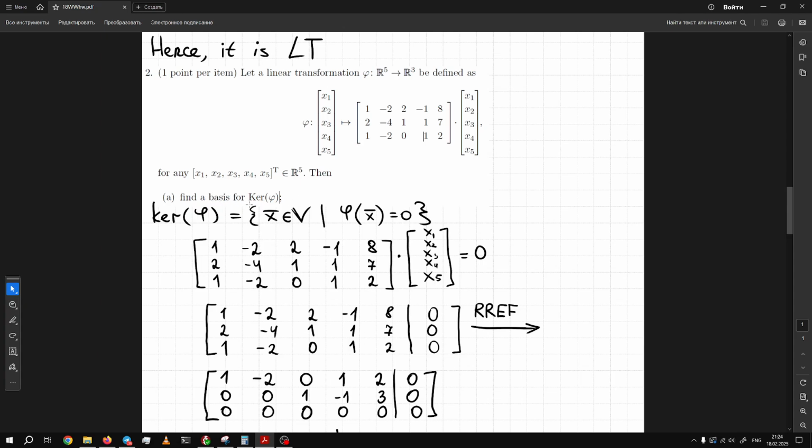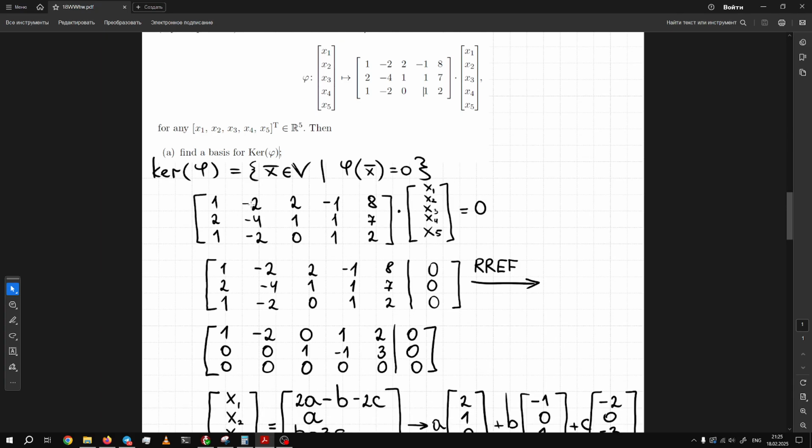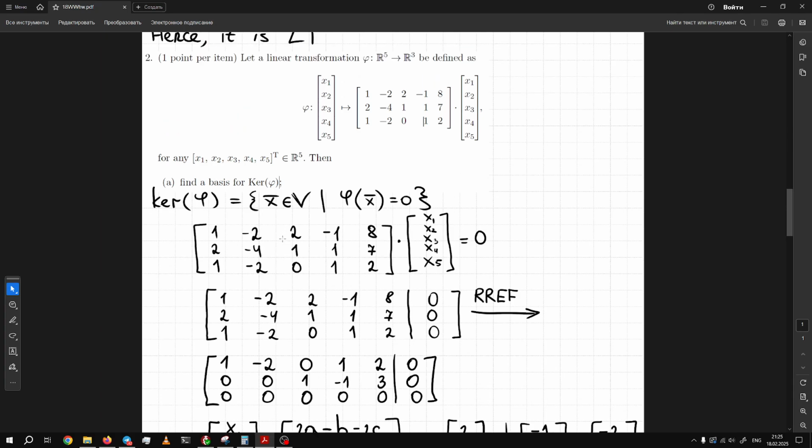Yeah, here we also have basis. So let's find. We already know what this kernel is. It's all vectors from V where our output is equal to 0, and this is our matrix multiplied by some vector, and this is our final product.